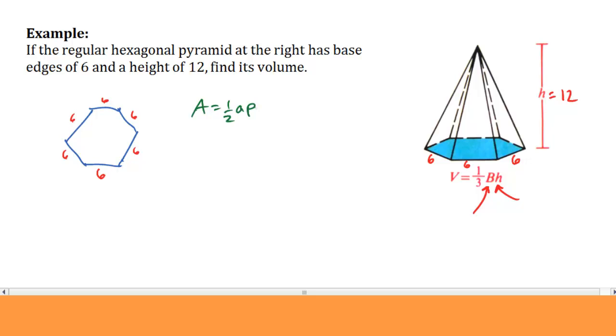So let me draw the apothem. It goes from the center, it's perpendicular to one side, and that makes a nice 30, 60, 90 triangle. So focusing on that 30, 60, 90 triangle, this is going to be 3, half of the side length.